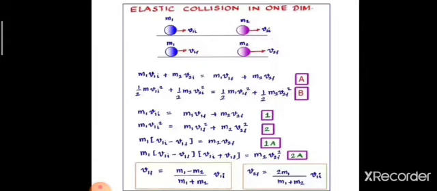From the above two equations, let us rearrange and find an equation for v1f and v2f. Since the second mass was considered at rest, v2I will be equivalent to 0 in equations A and B. Hence, m1 v1I is equivalent to m1 v1f plus m2 v2f, and m1 v1I square is equivalent to m1 v1f square plus m2 v2f square.